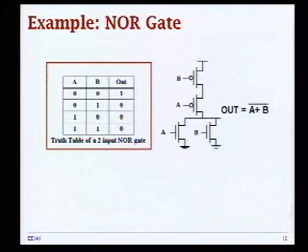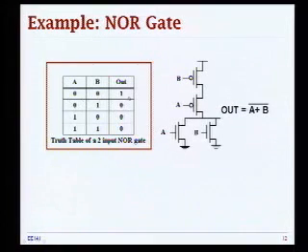Similar analysis can be done for a NOR gate, where the truth table looks different, and the output is equal to 1 only when both A and B are equal to 0. Otherwise, it's equal to 0.